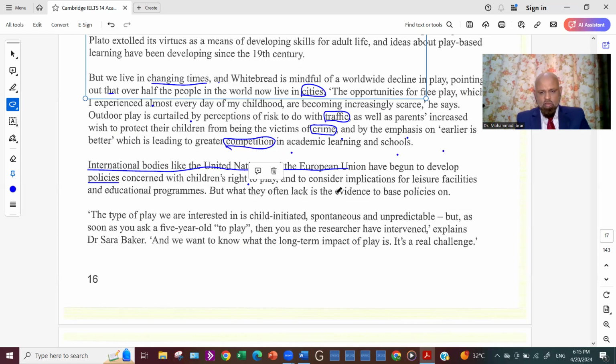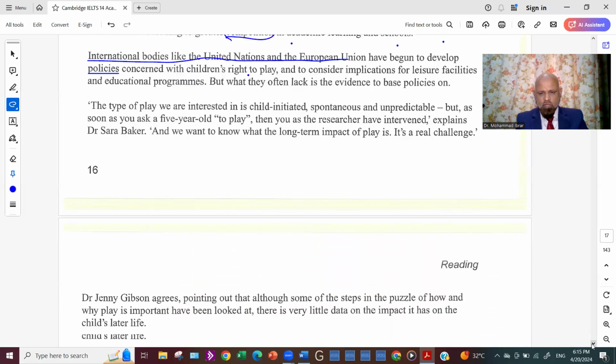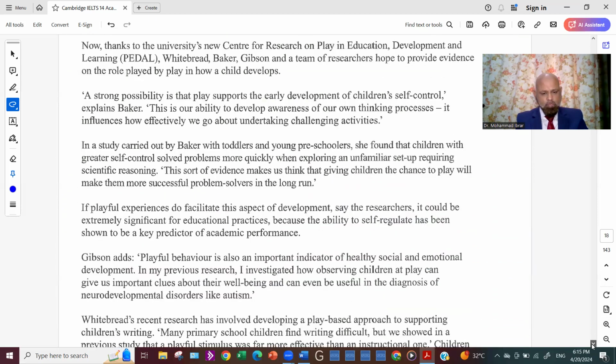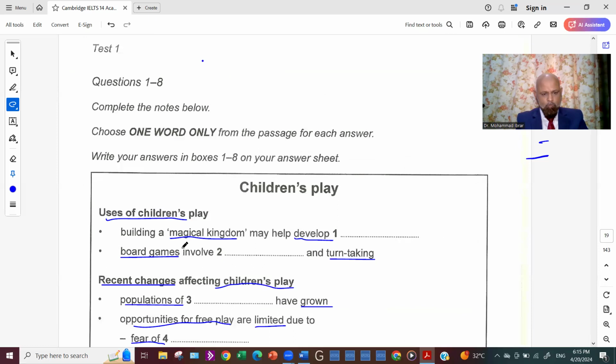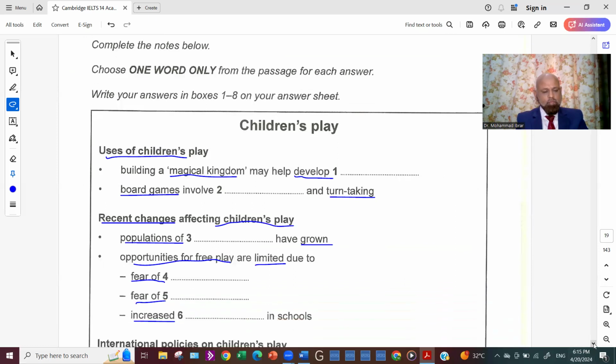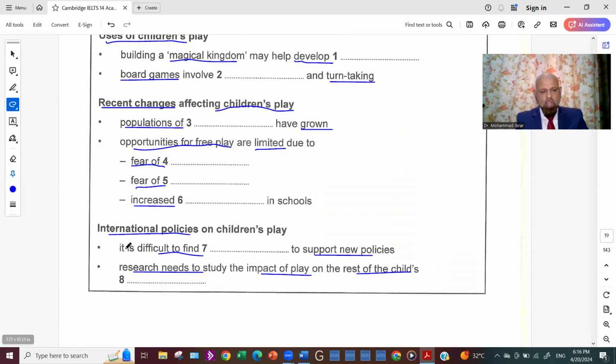So they lack something. They want to base their policies on something, but they don't have evidence. Now, let's go back to the question again to confirm the answer. You see, it's difficult to find something to support new policies. So they don't have something to back it up, some proof, or maybe some evidence.